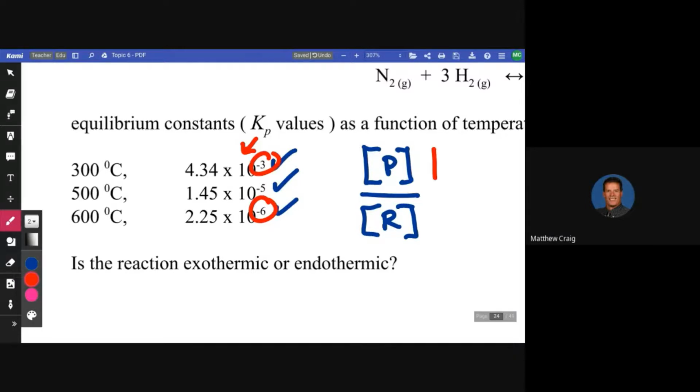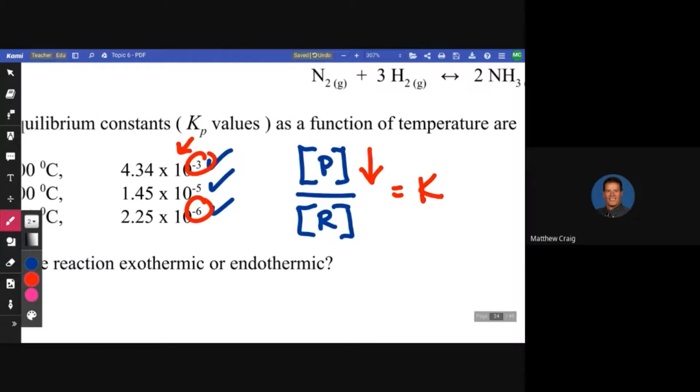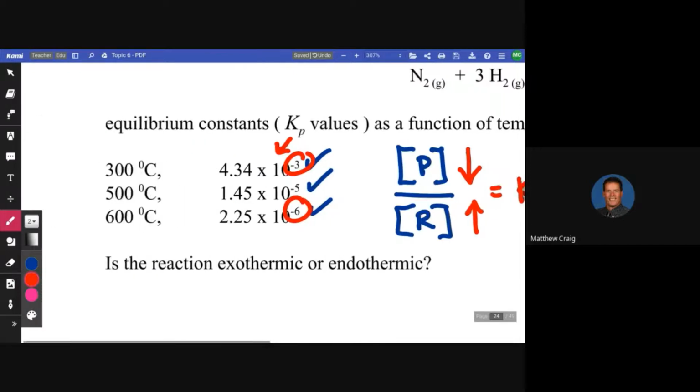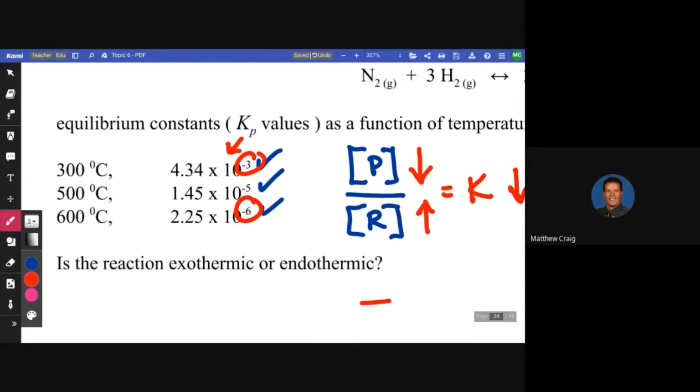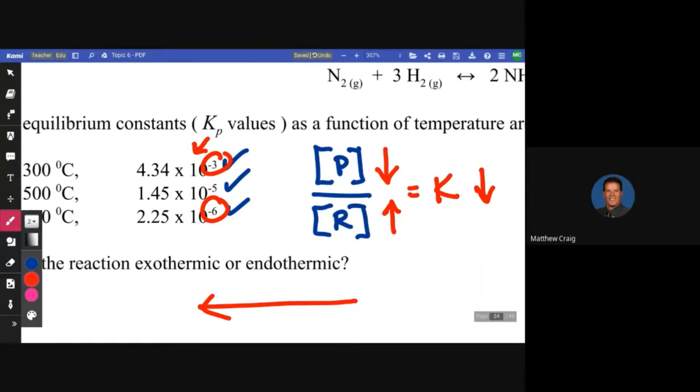That means that the products are getting lower. If that's the case, because again, this equals K, and K is getting smaller, so we have a direct relationship there, which means that the reactants have to be getting bigger. Therefore, the shift is away from the products and toward the reactants.